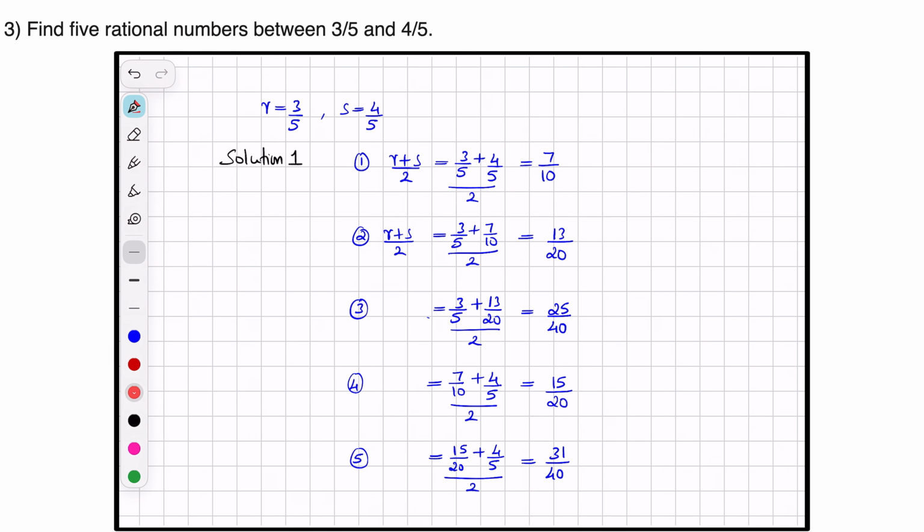Now, even though it is not asked in this question, I will now calculate what will be the actual values of these fractions, because this knowledge will be useful later in the class. And what was this r and s value? 3 by 5 is nothing but 0.6 and 4 by 5 is nothing but 0.8.